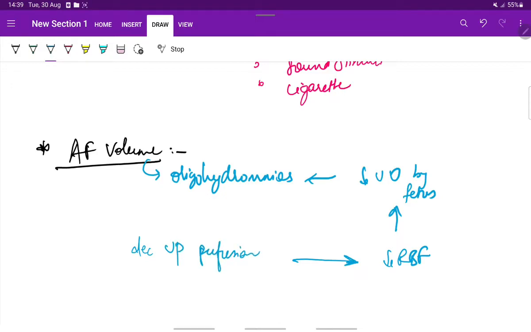So, initially there will be decreased uteroplacental perfusion leading to decreased fetal renal blood flow, and due to which there is decreased urine output, and thereby there is oligohydramnios.